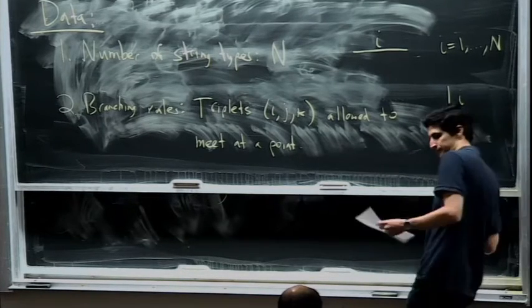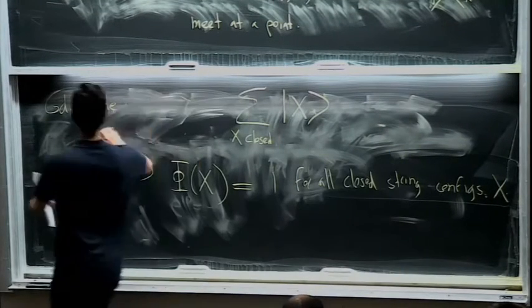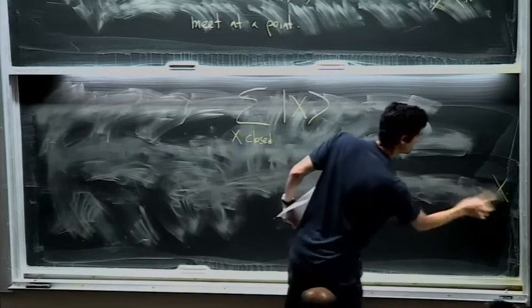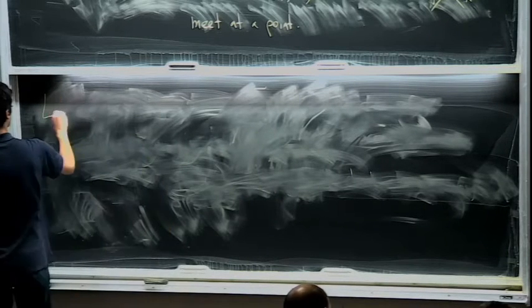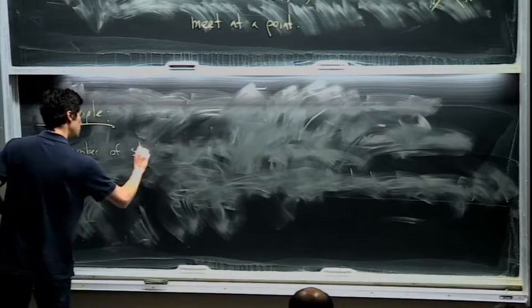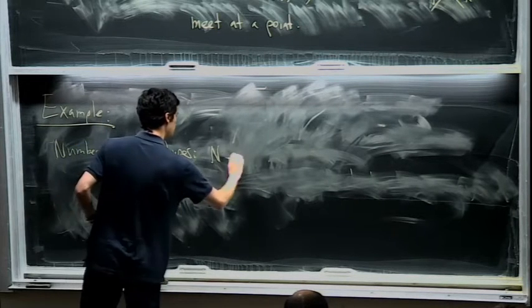Okay. So let me give you an example. An example of the kind of data that I could tell you is that I have 2 string types. So the number of string types n equals 2.